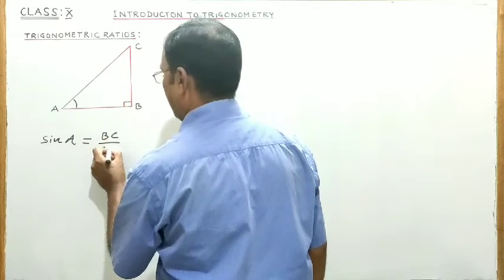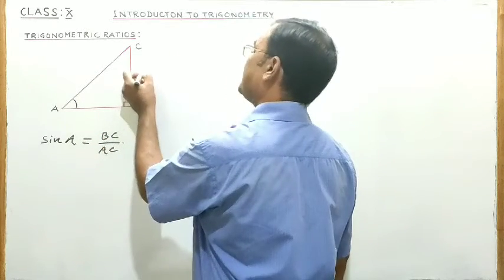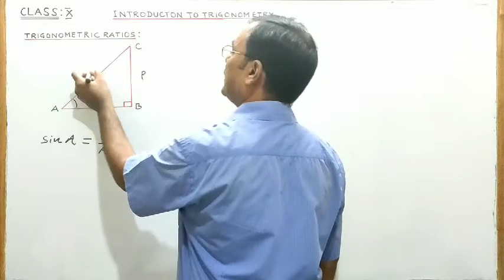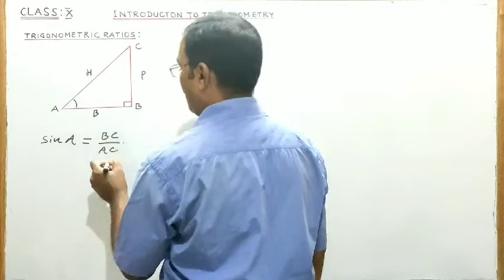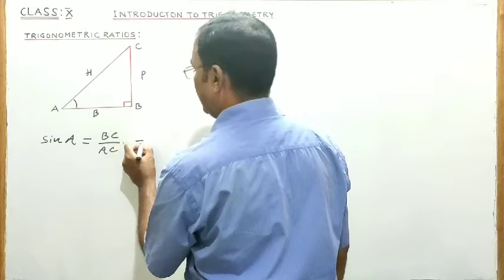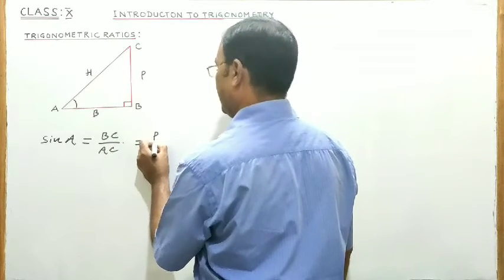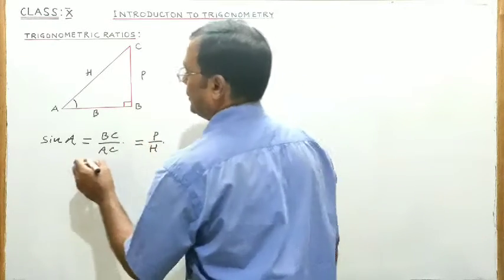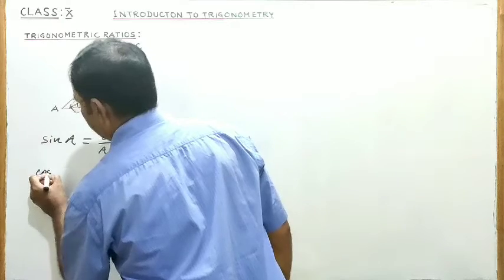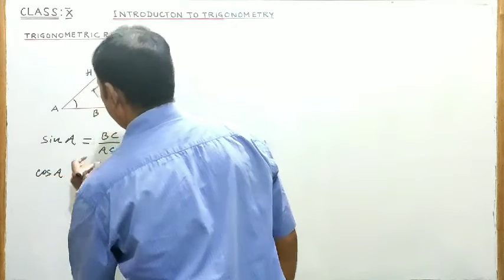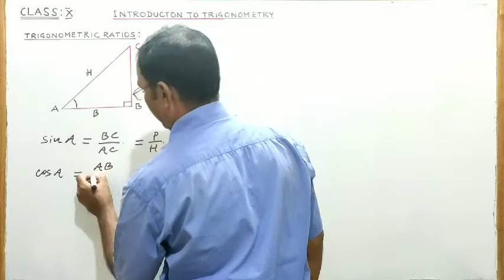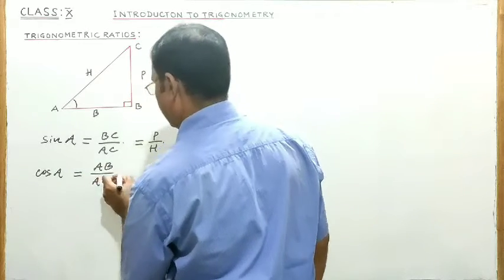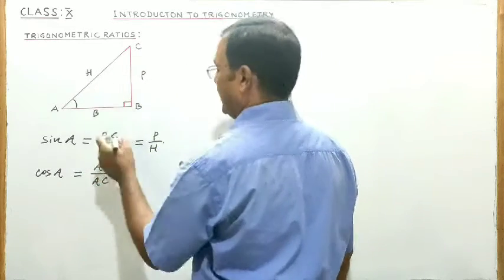If for BC we write perpendicular, AC hypotenuse and AB as base, then this BC by AC will be perpendicular by hypotenuse. Cos of angle A is AB by AC, base by hypotenuse.